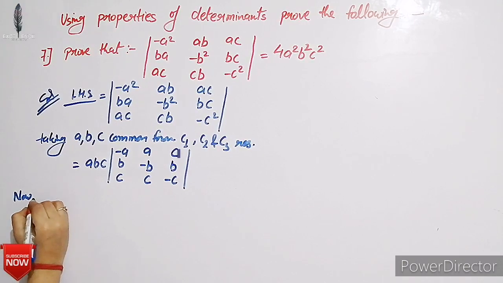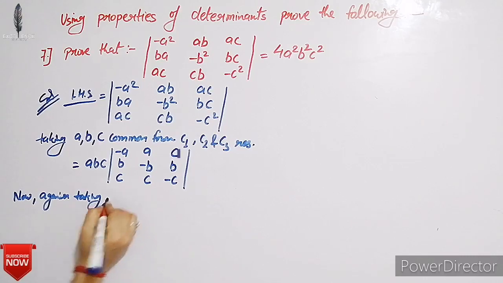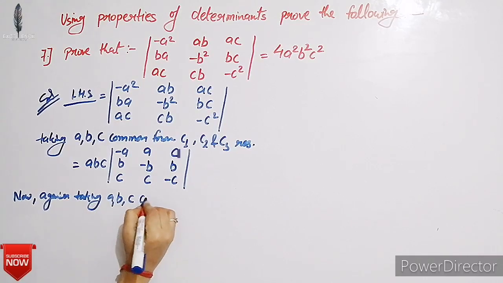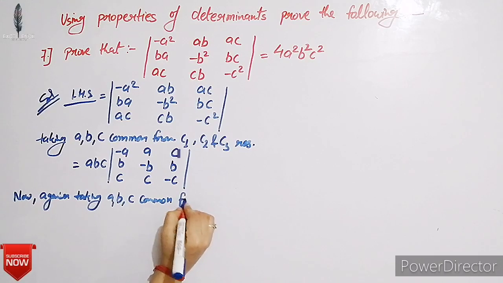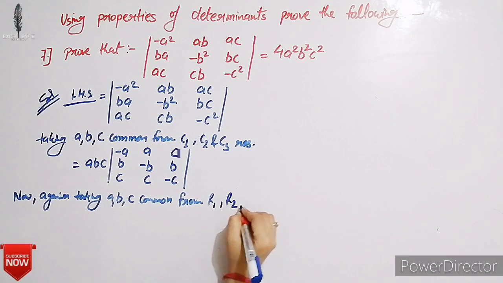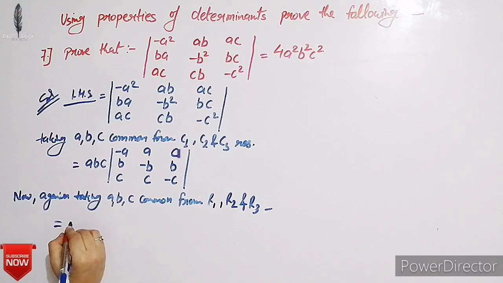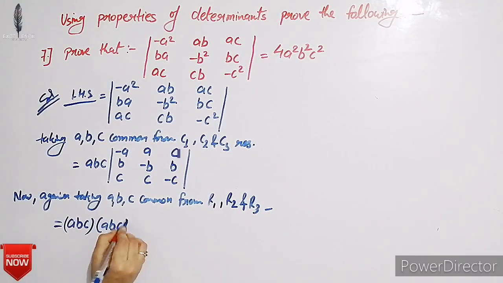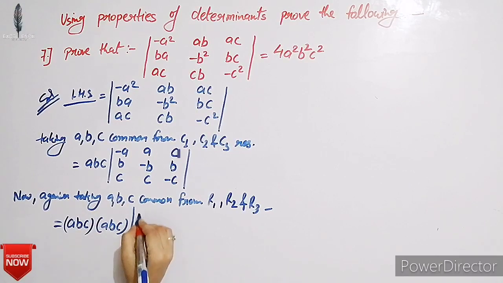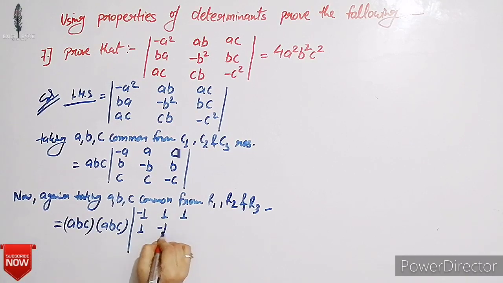Now again taking out A, B, C common from R1, R2 and R3 respectively: A from R1, B from R2 and C from R3. Then we get it equals to ABC, and now again ABC into minus 1, 1, 1, 1, minus 1, 1, 1, 1, minus 1.